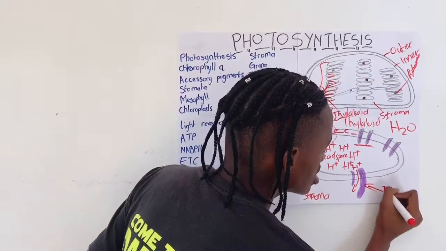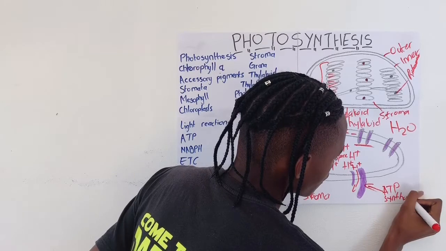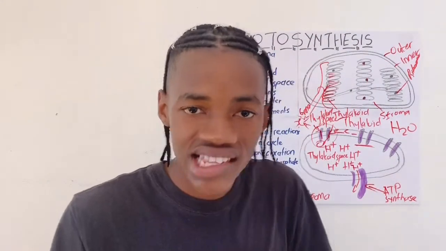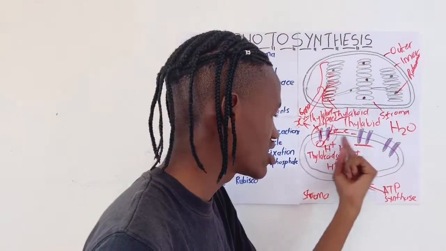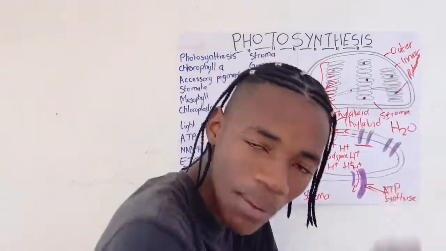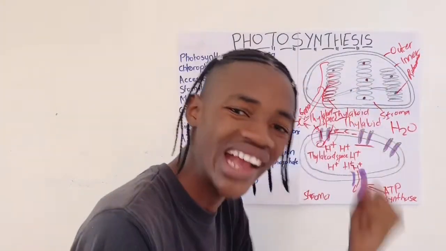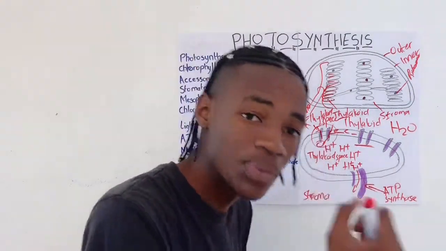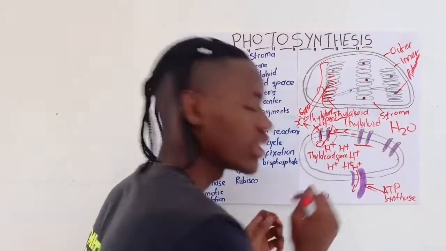So this is an ATP synthase, and as you can already tell, ATP synthase is what makes ATP. So now these protons are pumped out of the thylakoid space, and they come out through the ATP synthase. And when they come out of the thylakoid space, obviously they'll be within the stroma.